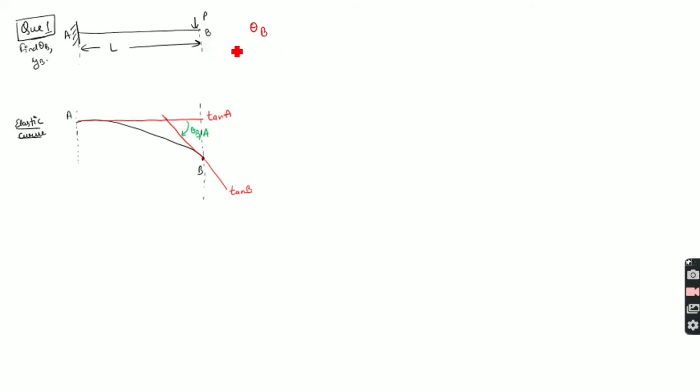There is no direct way to find theta B, but from moment area theorem 1, we know that theta BA is the area of the M by EI diagram between A and B, or any two arbitrary points, right? The first point is where we want to calculate the theta, that is B, and the second point is the second tangent, right?